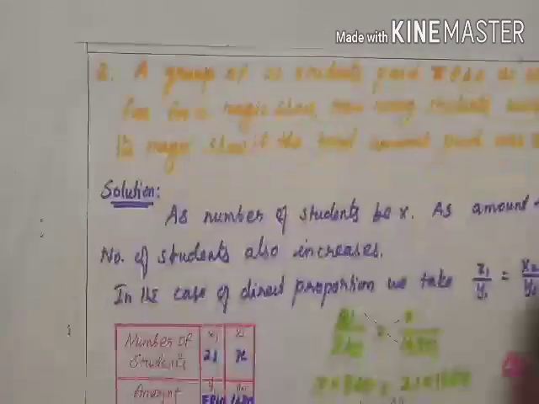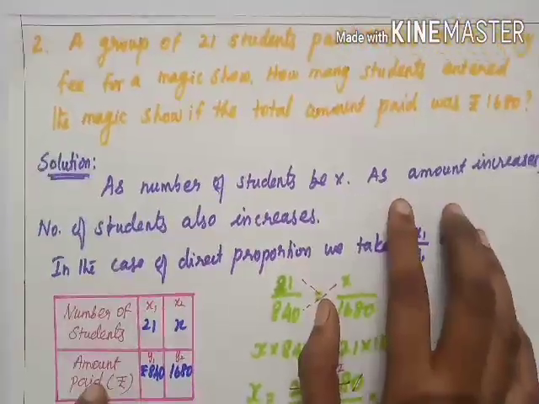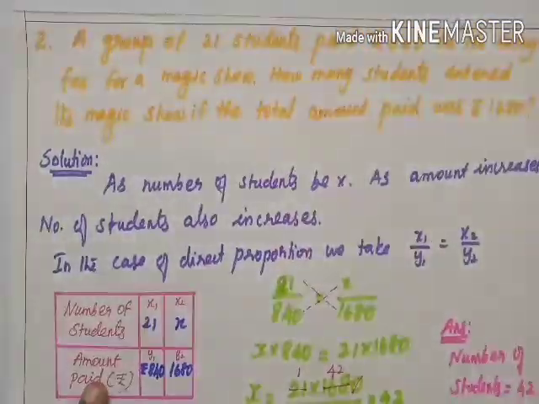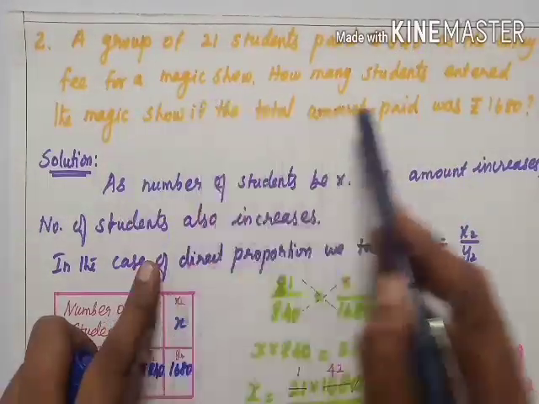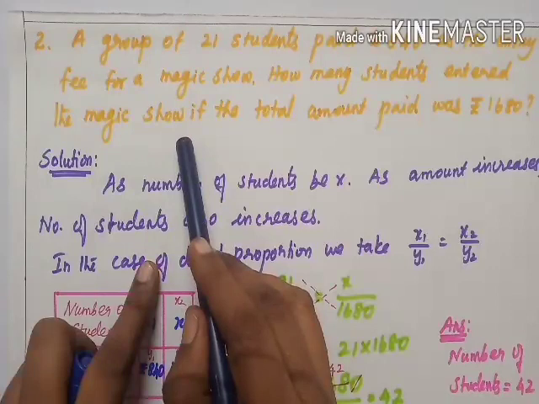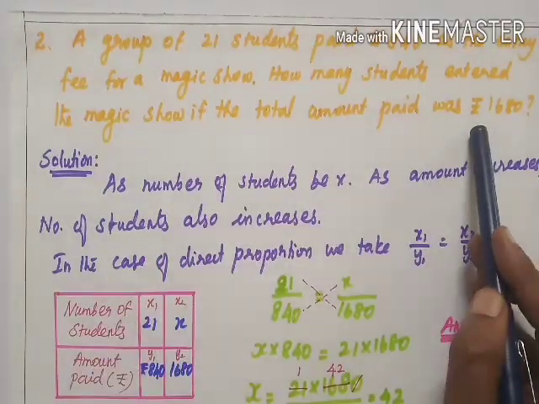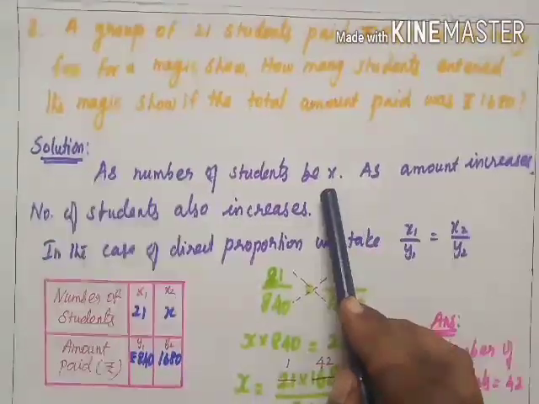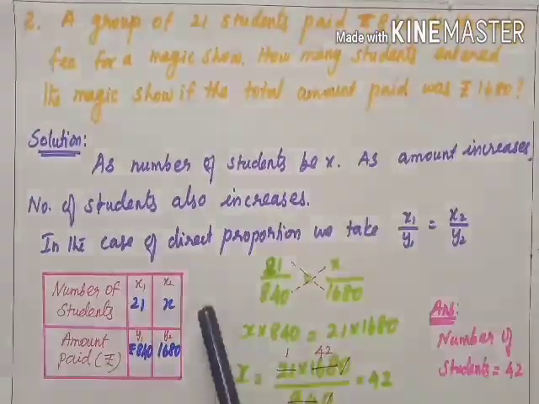A group of 21 students paid 840 rupees for the magic show. How many students entered the magic show if the total amount paid was rupees 1680? That is our question. Let the number of students be x. So amount increases, so number of students also increases.